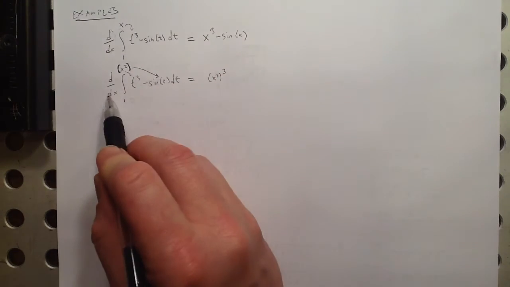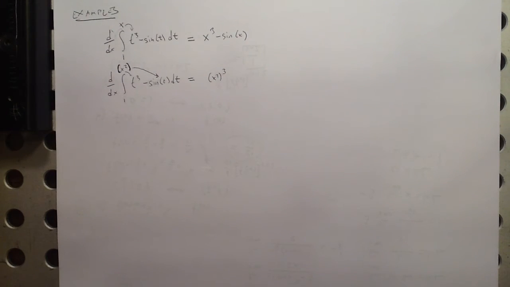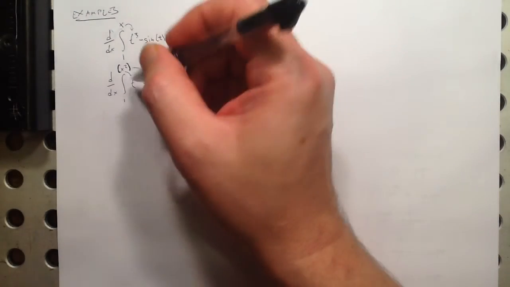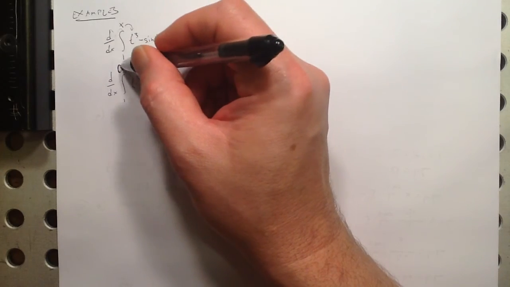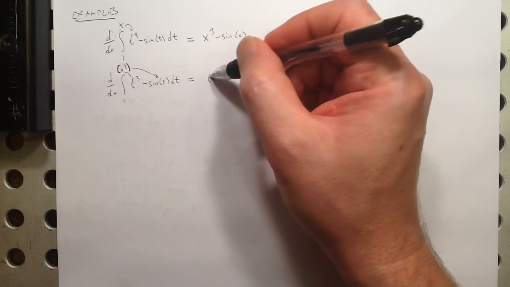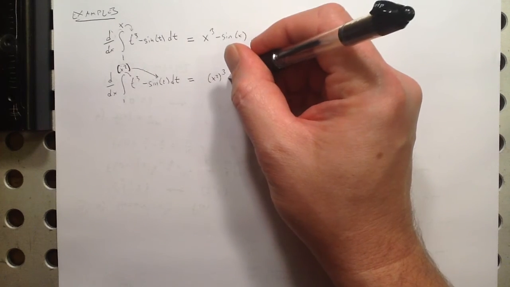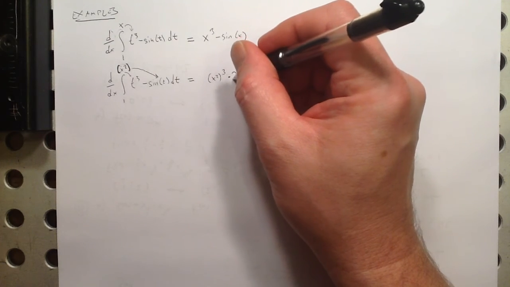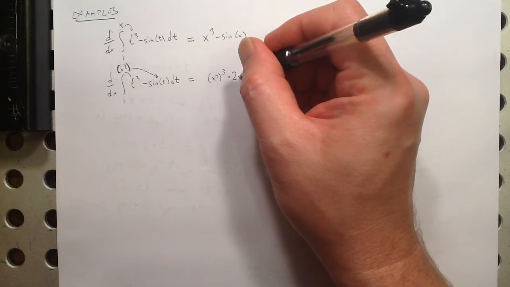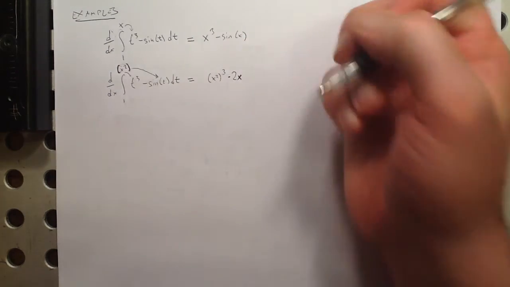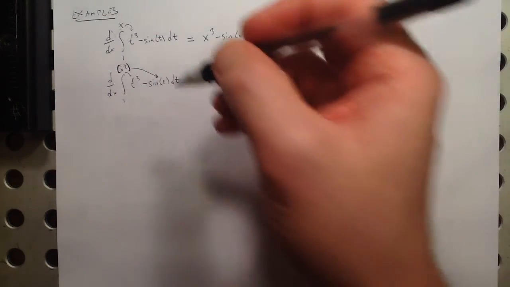But remember, we're taking a derivative, so the rule that applies here is the chain rule. When I drop this x squared in here, it does just drop into where the t was, and it'd be x squared cubed, but I have to multiply by the derivative of what's inside. We're just using the chain rule.